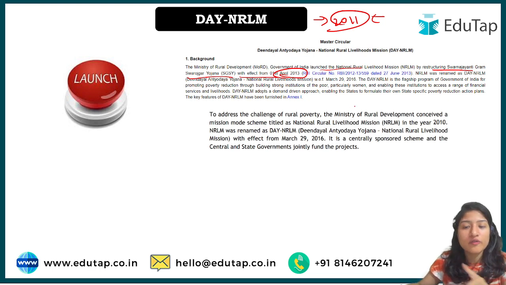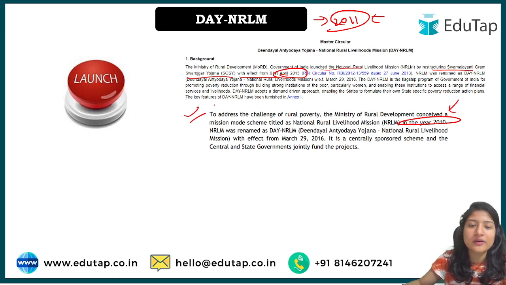But if you look at the official website, it says the year 2010. Now what we usually do in such a situation, we always go with the official notification, and this is what the ministry's notification guideline says, which says 2010. But why am I showing you this RBI one?